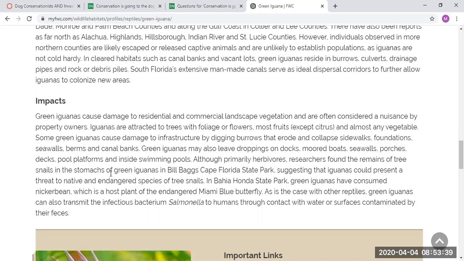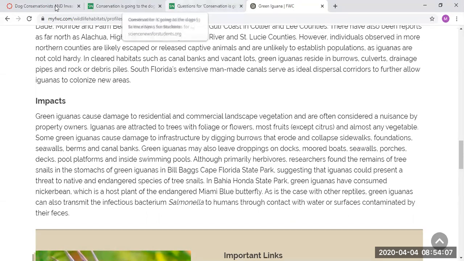They might be a threat to tree snails, and it says they've consumed nickerbean, which is a host plant of the endangered Miami blue butterfly, which could endanger the host plant for the butterfly. And they transmit the infectious bacterium Salmonella to humans through contact with water or surfaces contaminated by their feces.